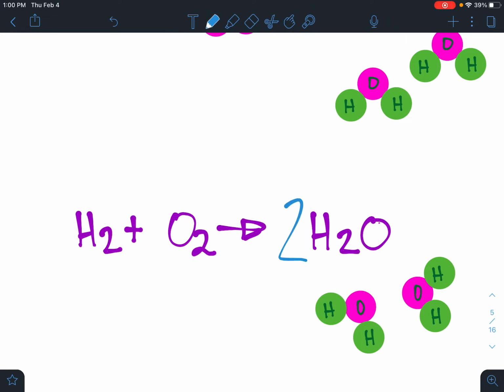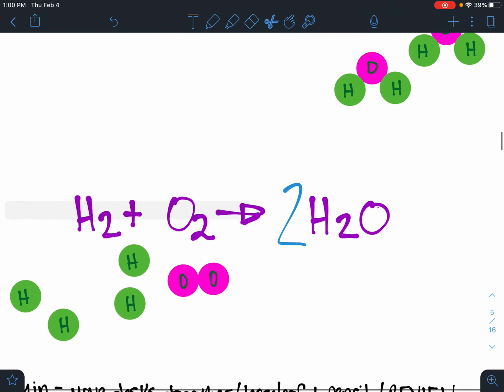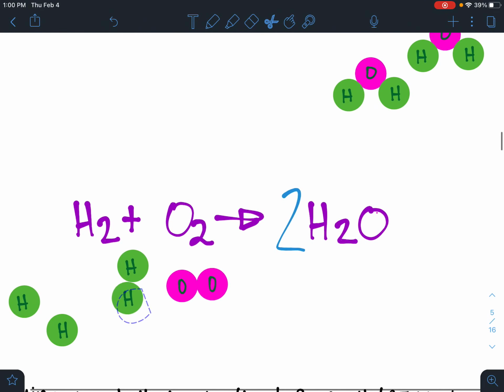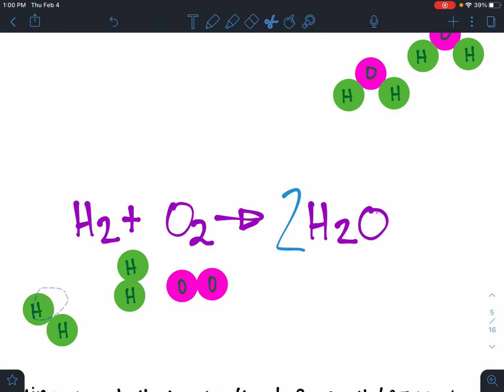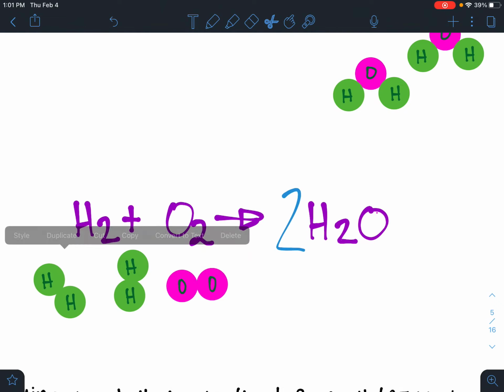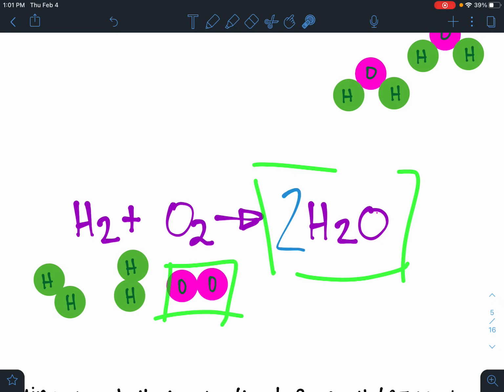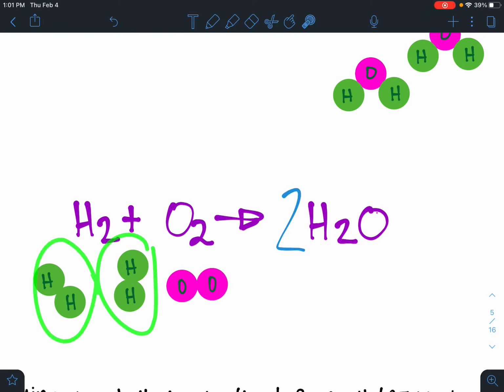We got two H2Os, and we used one O2, and whenever you only use one of something, you don't have to actually put the coefficient of 1 down. You can simply leave the compound as is, and the 1 is just understood. So we got 2 H2O molecules from 1 molecule of oxygen and 2 molecules of H2. So I write the 2 in front of the H2.